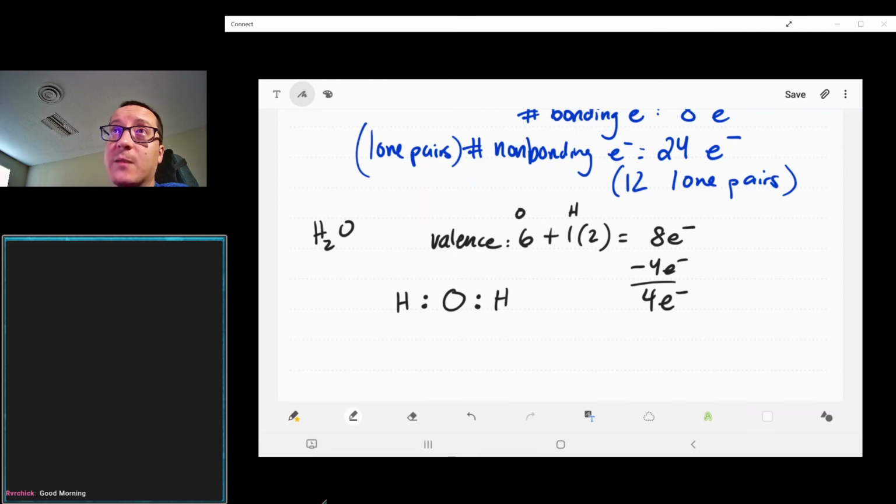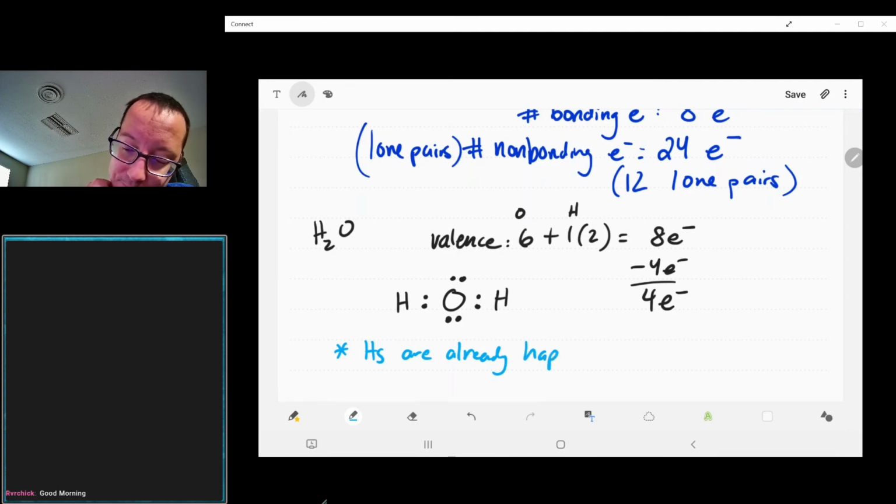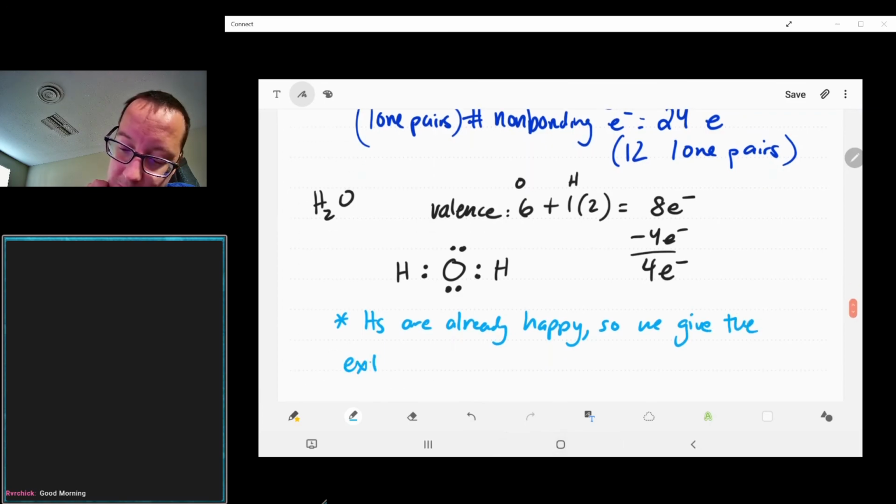All right, so next step, we would give these to the outer atoms. However, our outer atoms are already happy. Those hydrogens only want 2 electrons. They already have 2 electrons. So what we're going to do is give those electrons to the oxygen. So I'm just going to note that the hydrogens are already happy. So we give the extra electrons to the central atom.